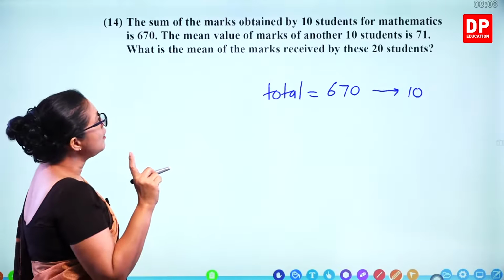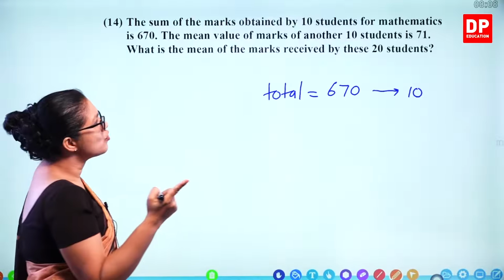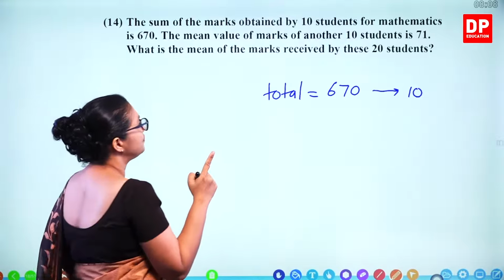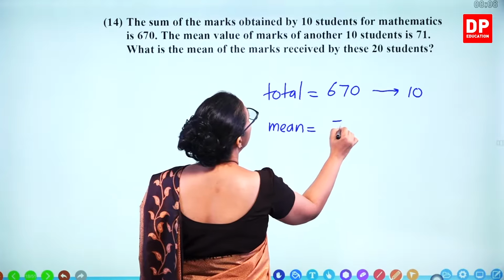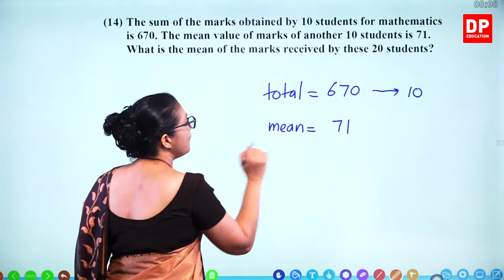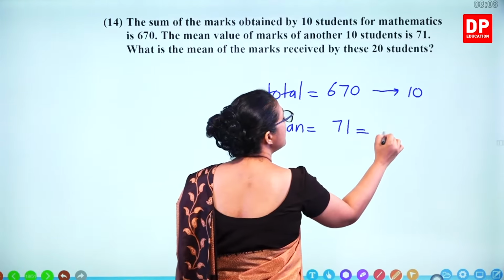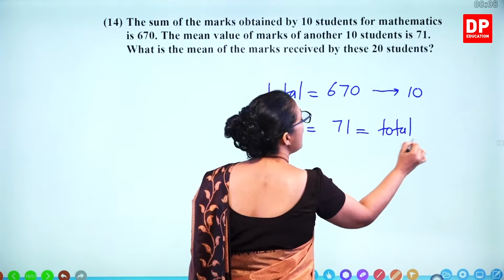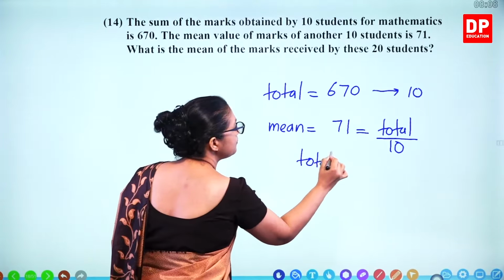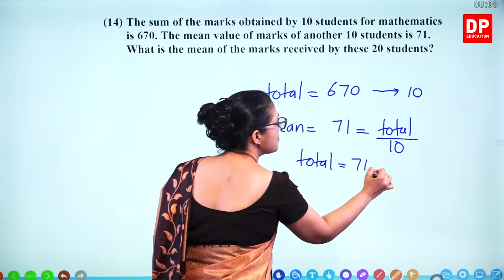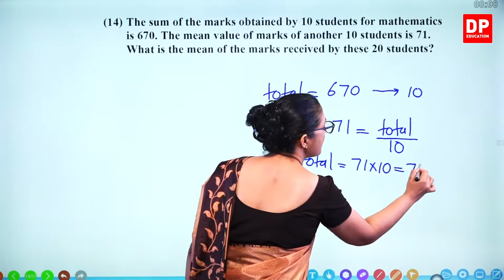The mean value of marks of another 10 students is 71. How do you find the mean? Total divided by the number of students. So what's the total there? 71 times 10. That's 710.